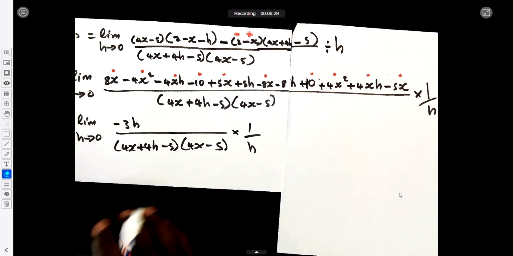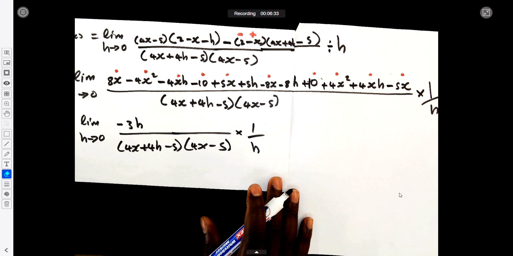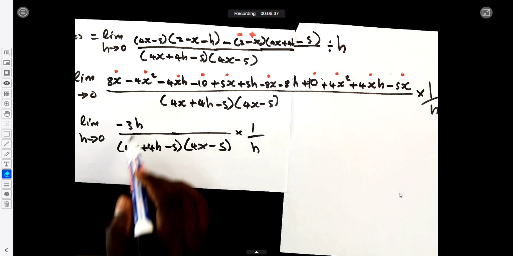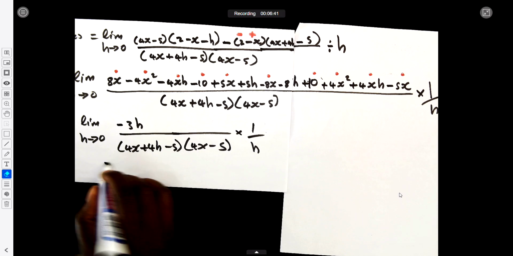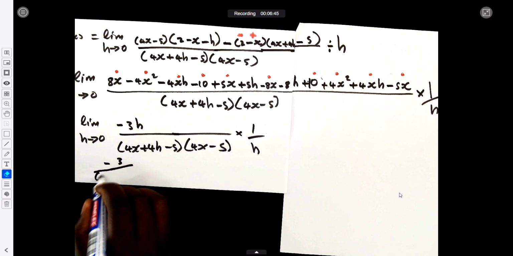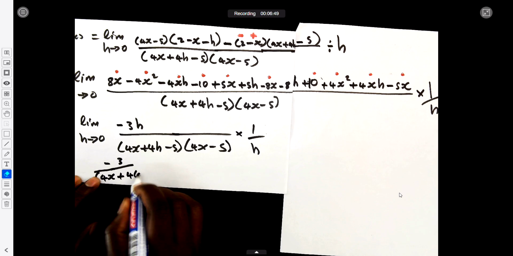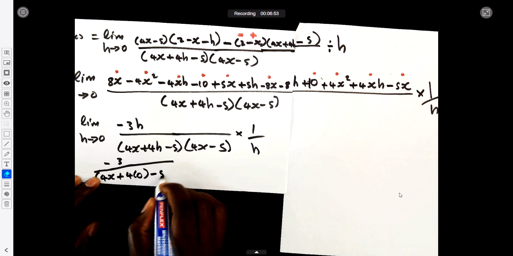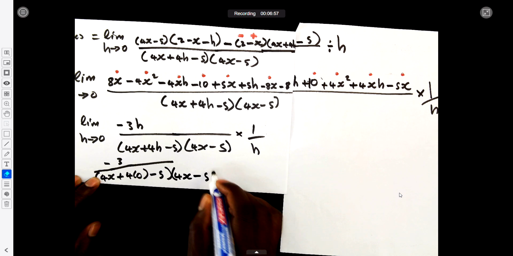In the meantime, you can substitute the value of h. I mean that we divide h by h, and the remaining factors leave us with negative 3 over the denominator. Let's substitute h equals 0: it's 4 times 0 minus 5, leaving 4x minus 5.